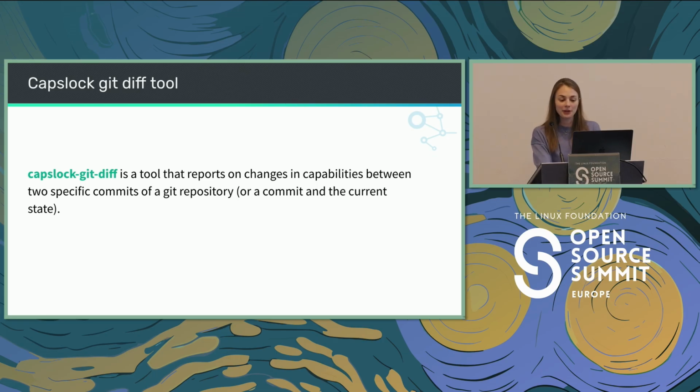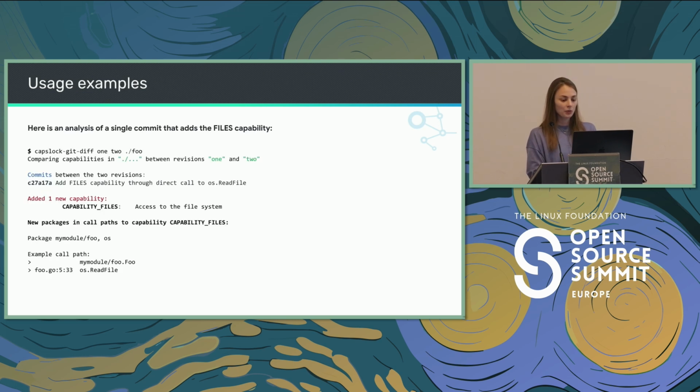To this end, we've created the Capslock Git diff tool, a tool that reports on changes in capabilities between two specified commits of a Git repository. These commits can be specified in any way the Git tool understands, such as branch names, tags, or hashes. For example, here we're using the tool to compare two revisions in the foo Git repository.